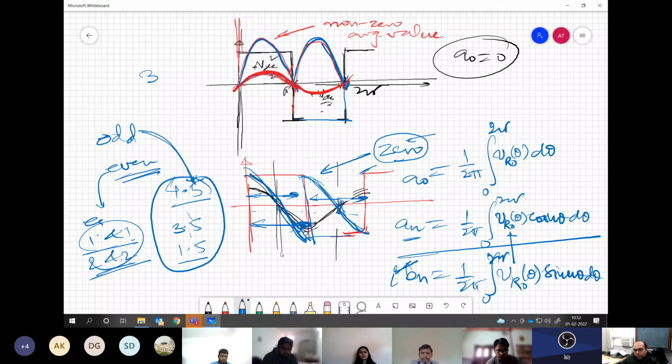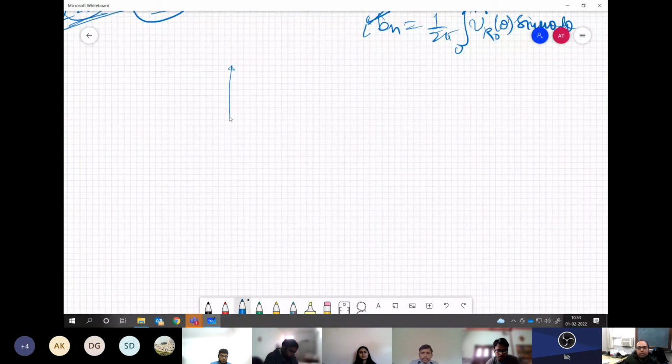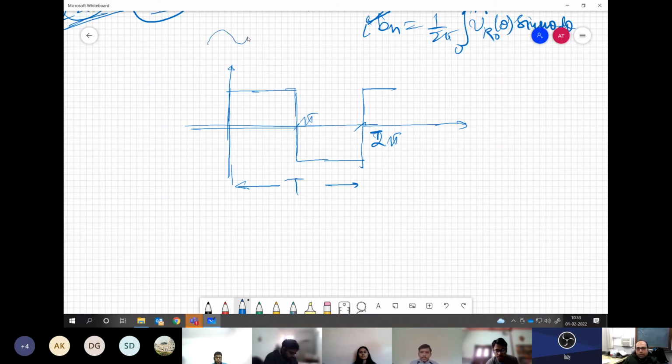Now, how do we identify what we are going to see in the waveform? First and foremost condition: whenever you are going to take the Fourier transform for any given PWM waveform, you must ensure that this waveform is repeating itself after every time period T or 2 pi, whatever you want to call it. This must be periodic. If this is aperiodic, you cannot take the Fourier transform. This is the first rule. Because the sinusoid which you are trying to multiply is of a certain frequency, right? It is not just somewhere 50 hertz, somewhere 60 hertz and so on.